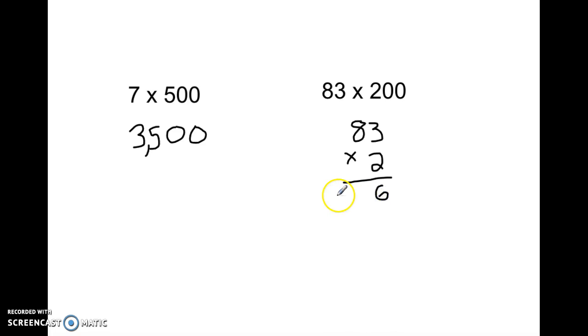And 8 times 2 is 16. Count my zeros. 1, 2. Add on those zeros. I count over 3 and add my comma. I end up with 16,600. So that shows you how we can multiply with hundreds.